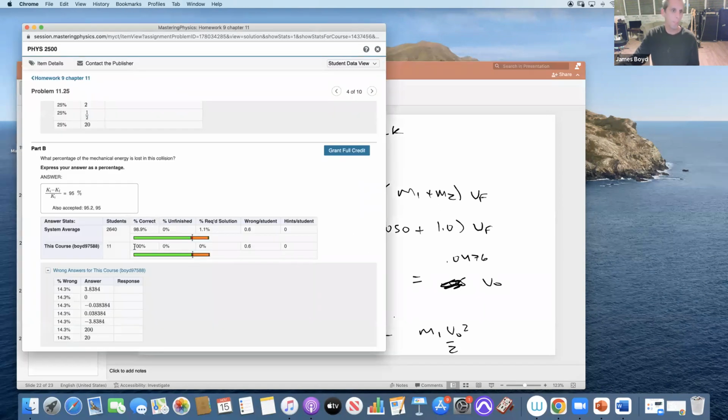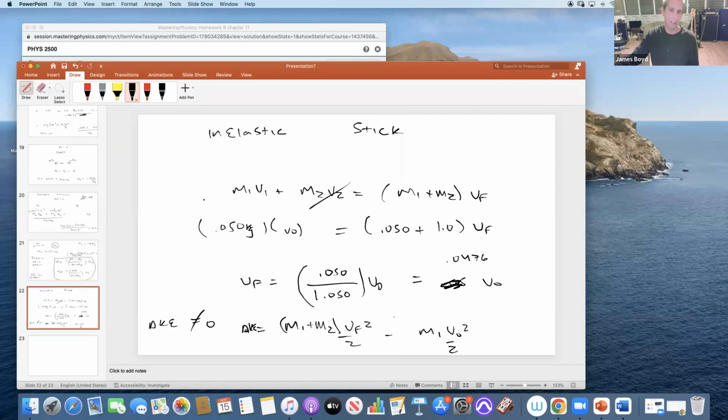Now, we can rewrite this as the following. They want it as a percentage, so you can write it as the change of kinetic energy over the initial, which is kinetic energy final over kinetic energy initial minus 1.